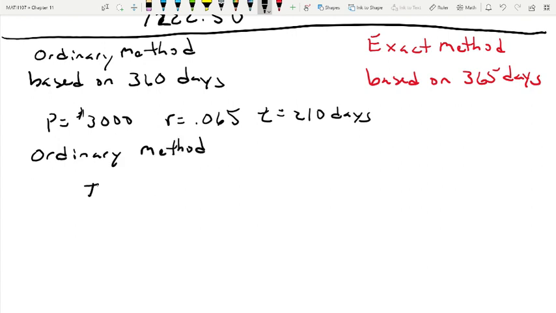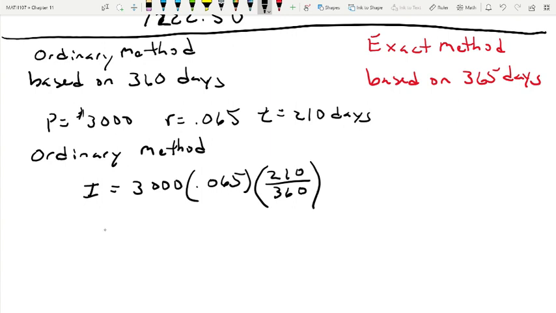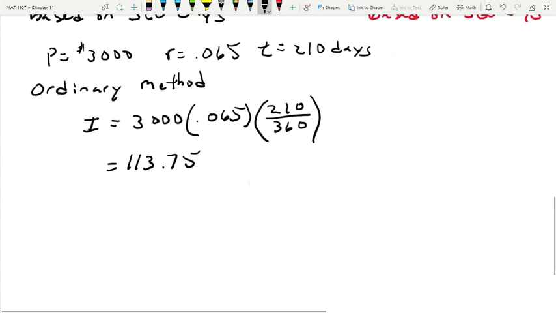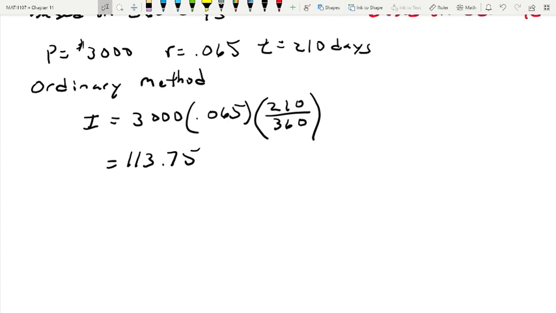I is going to equal 3,000 times 0.065 times 210 over 360. If we do this, we end up with 113.75.